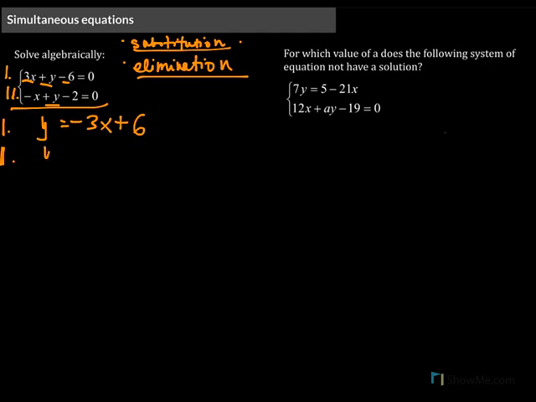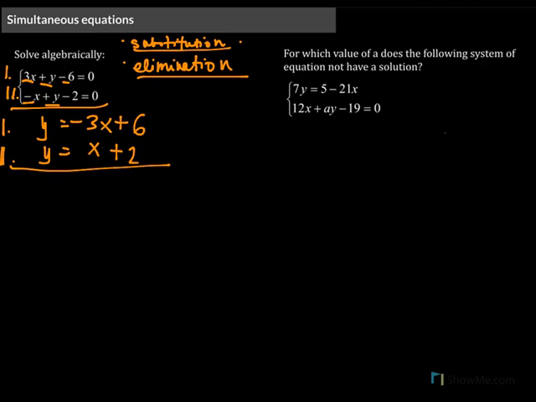In the second equation, I do the same. I isolate y. This time I have plus x plus 2, or we can write just x plus 2. And I will use the substitution method.